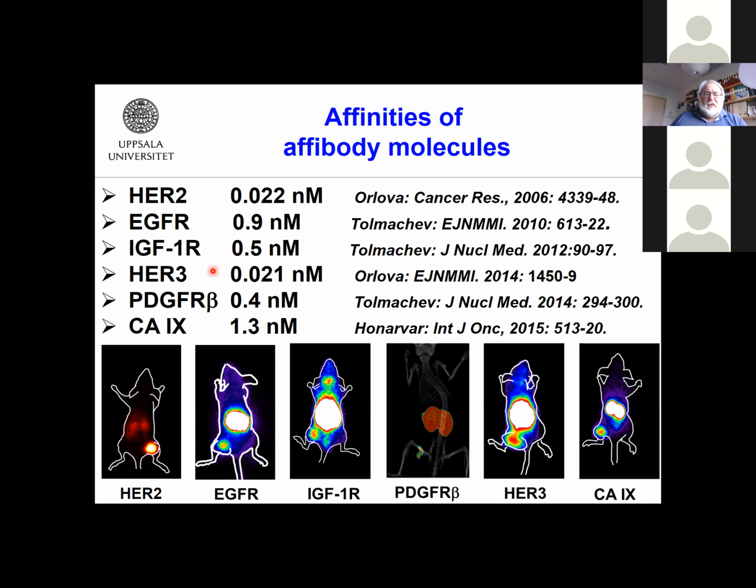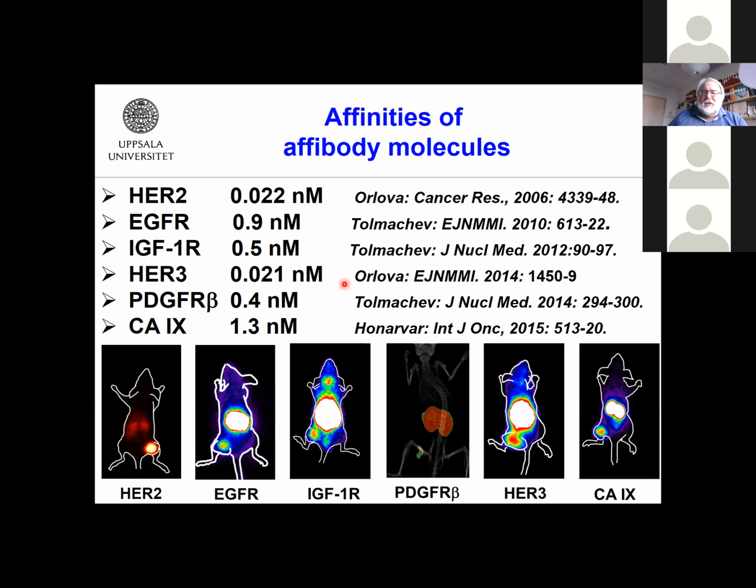However, after a while, clonal selection happens in the tumors, and they start to express either IGF-1R or HER3 and switch mitotic signaling to those targets. And if we can visualize the expression of the target, it would be a strong signal for us that we need to switch our therapy to something else, not just blocking trastuzumab signaling.